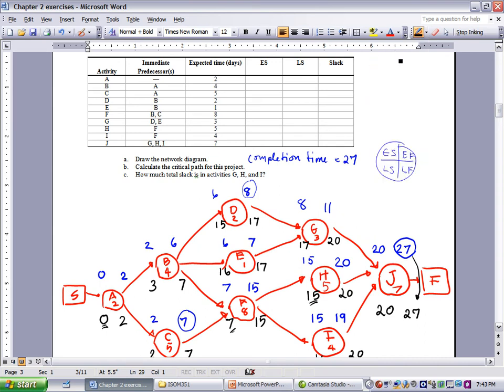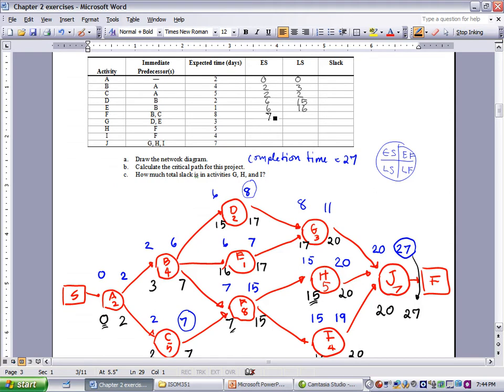For activity A, it's going to be 0, 0. B is going to be 2 and 3. C, 2 and 2. D, 6, 15. E is going to be 16.